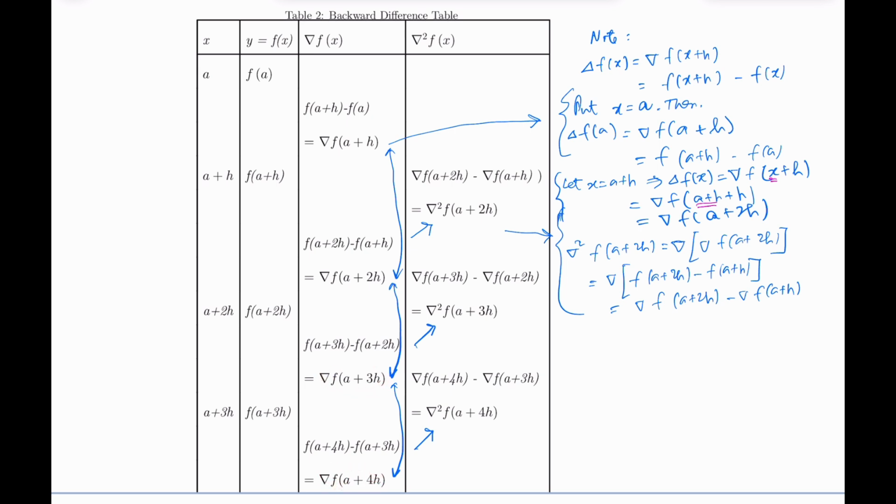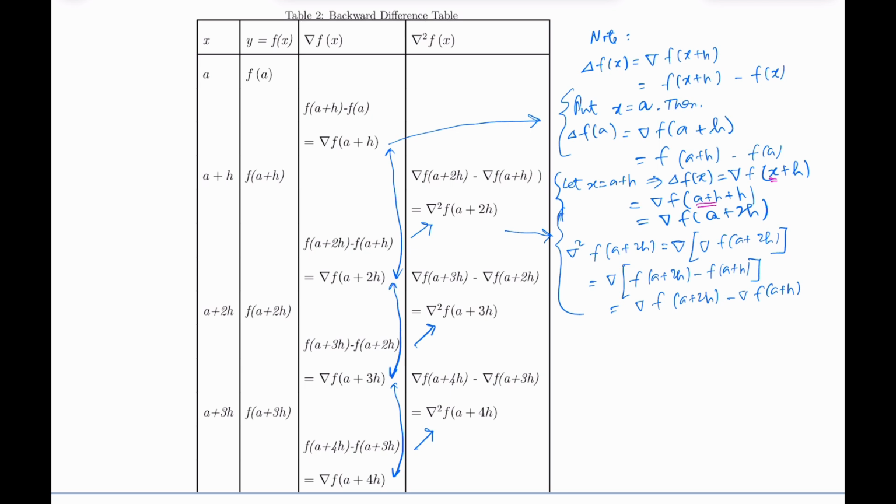This is written as f(a+4h) minus f(a+3h). Okay, and this is del f(a+4h). So these are the first order backward differences in the third column. In the last column, this is the second order backward difference, del square f(x).